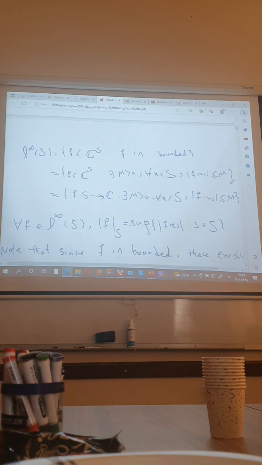This is the definition of bounded, okay? Or the set of all f from S to C such that there exists an m such that for any x we have this property. This is the set L infinity.